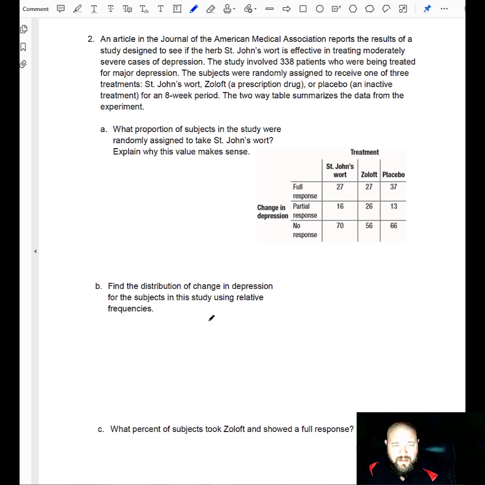These subjects were randomly assigned to receive one of 3 treatments: St. John's wort, Zoloft, or placebo, for an 8-week period. The 2-way table summarizes the data from the experiment. Part A asks what proportion of subjects in the study were randomly assigned to St. John's wort. Explain why this value makes sense.